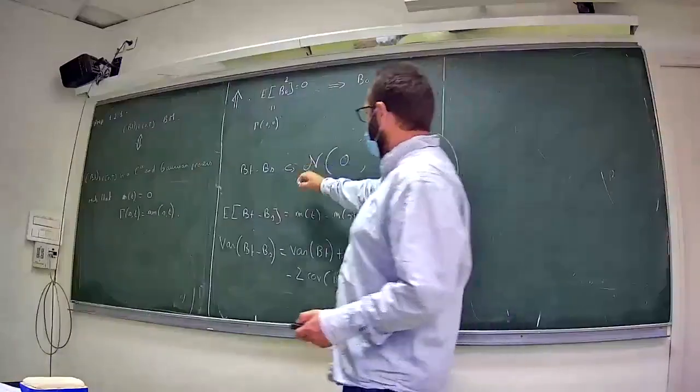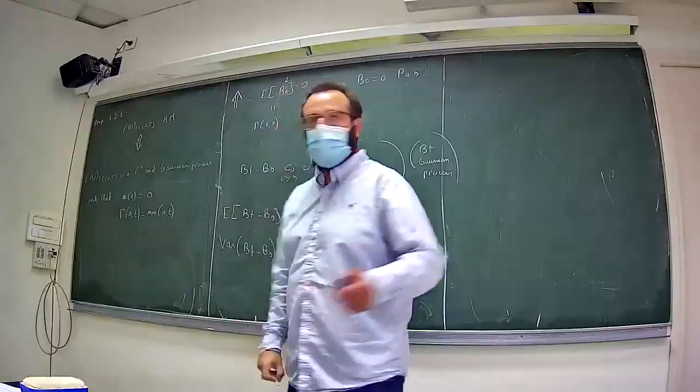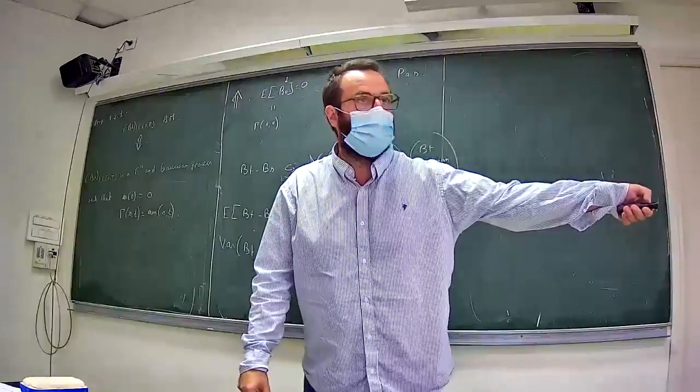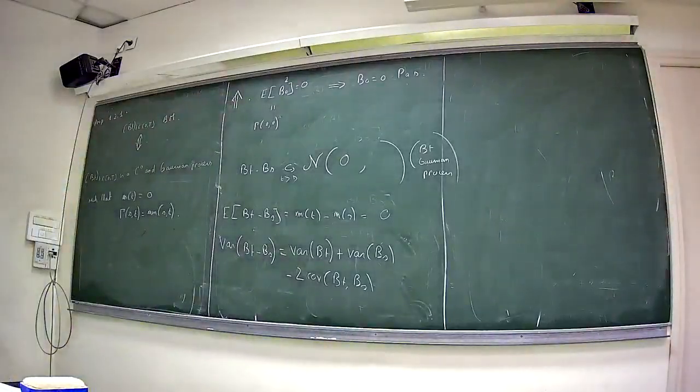Of course, when I have written this, I suppose T to be strictly greater than S. So, what is the variance of Bt?